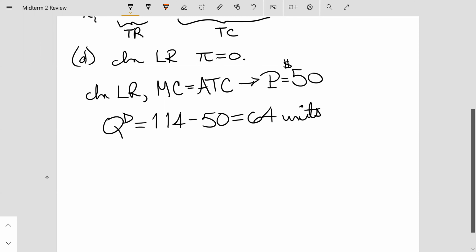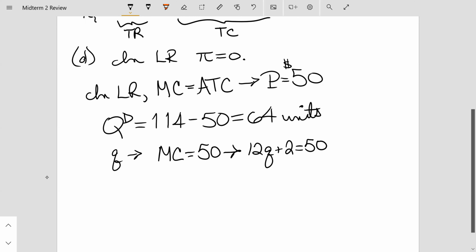So then we want little q, so set MC equal to 50, so 12q plus 2 equals 50, and you get little q's 4 units.